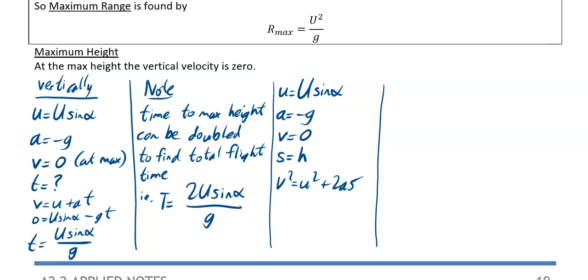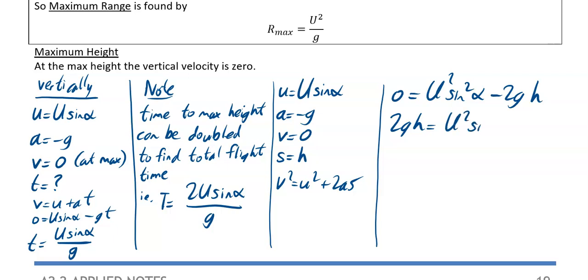So we could say then that 0 is equal to big U squared sine squared alpha, and then that's going to be minus 2gh, which means 2gh is equal to u squared sine squared alpha, which means h is equal to u squared sine squared alpha, all divided by 2g. So that is your formula for your maximum height.